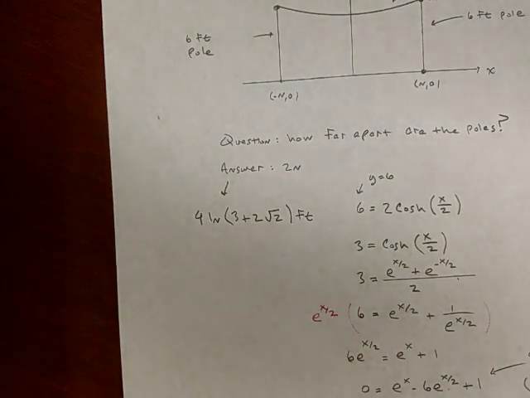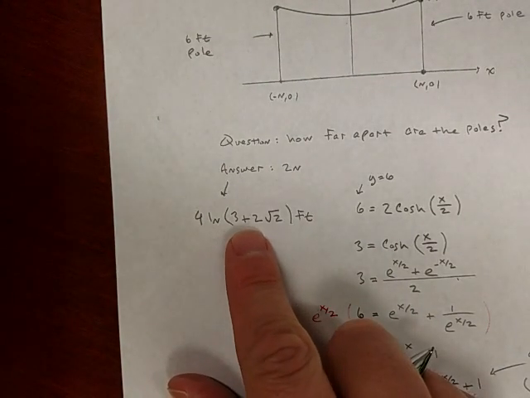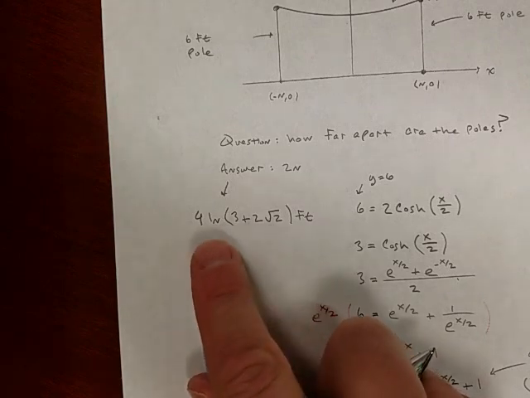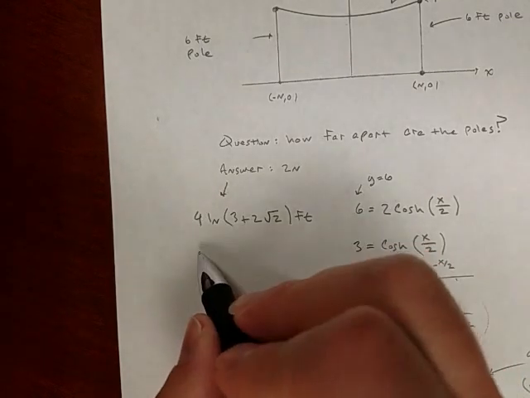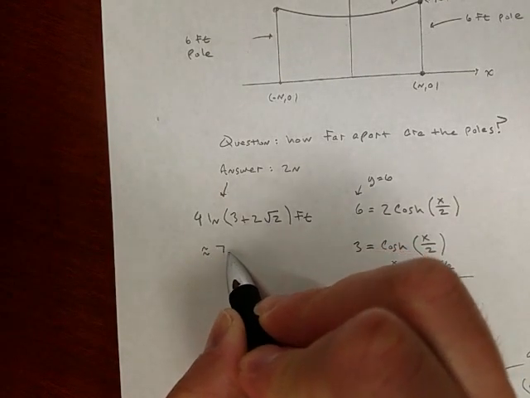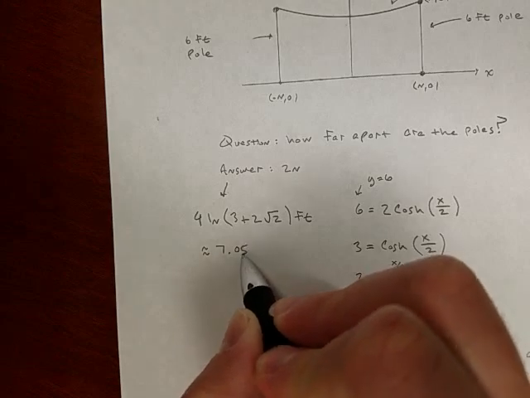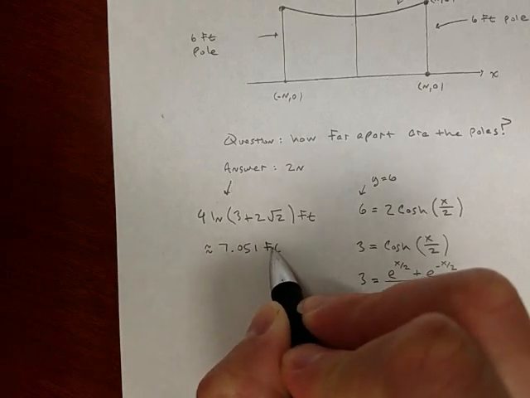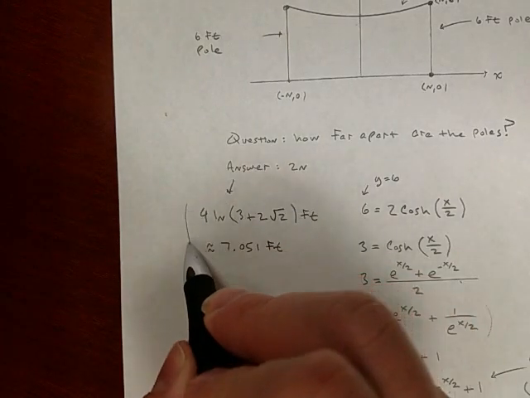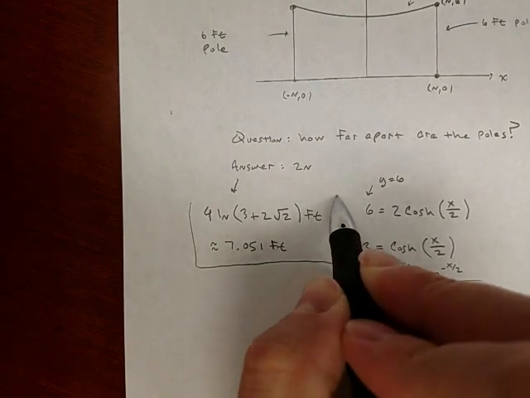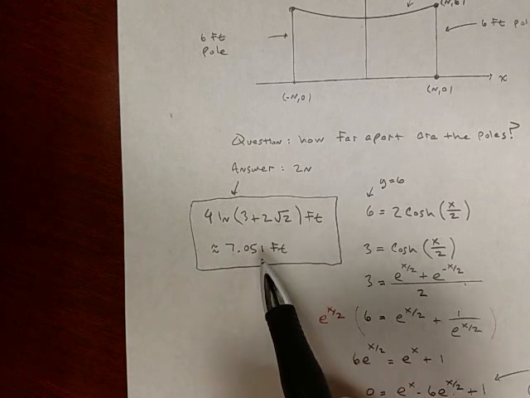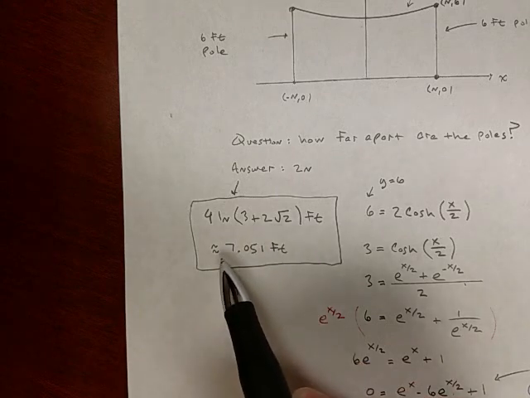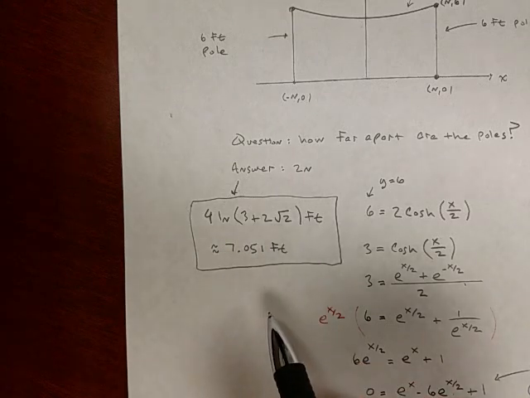Okay, so if we get our calculator at this point, and do 3 plus 2 root 2, take the logarithm of that, multiply it by 4, then you'll get about 7.051 feet. So we'll get both of those. That one is perfect, and this one's rounded, and so it has a little bit of rounding error in it.